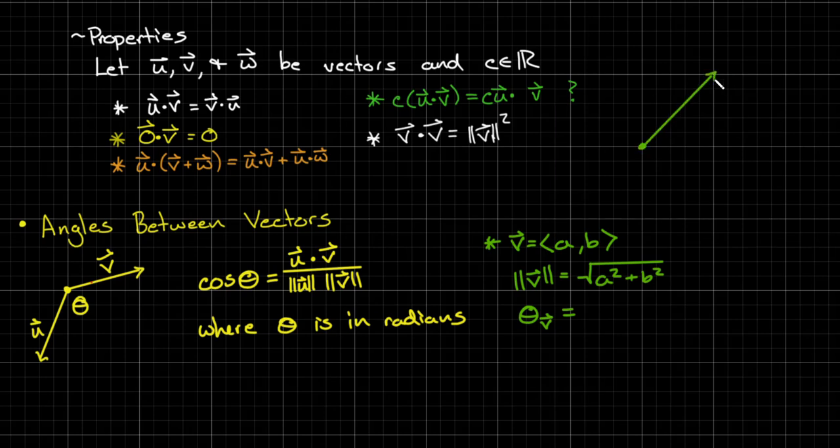Let's say that this is my vector v, and it's gone over a, and we know that number, and it's gone up b. How would you find this angle? Which trig function? Opposite and adjacent, it'd be tangent, and then if you wanted to solve for theta, you would just do arctan.